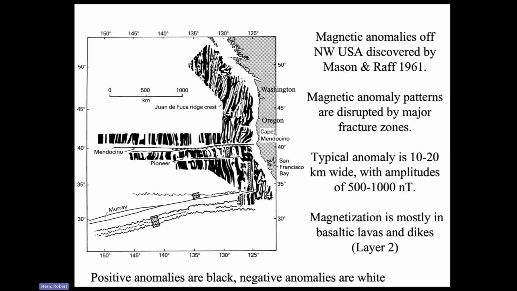And it became quickly understood that the magnetization is mostly in the basaltic lavas and dikes, which we call layer 2 in a couple of lectures ago. Okay, those are things where the basaltic rocks cool very quickly, and so they lock in the magnetic field.